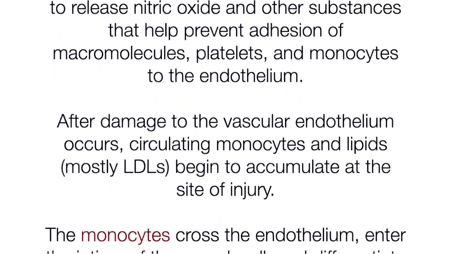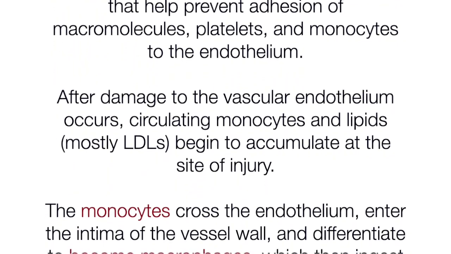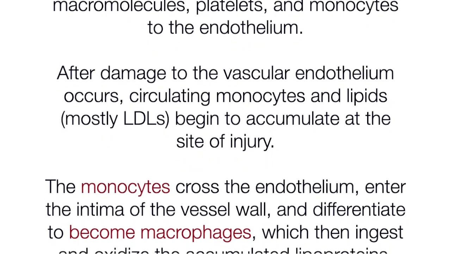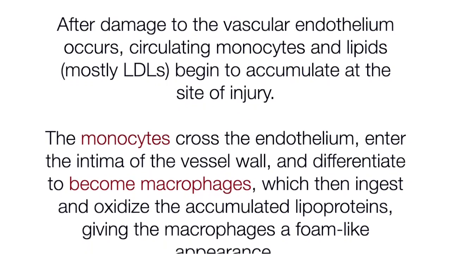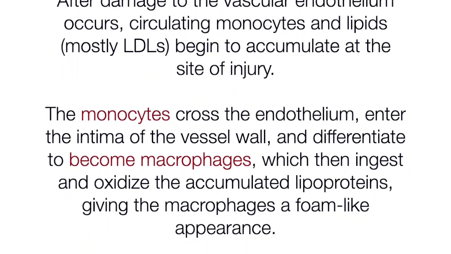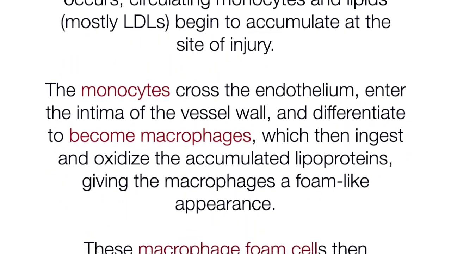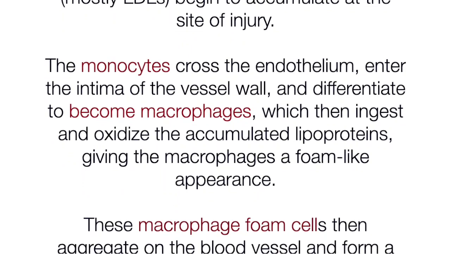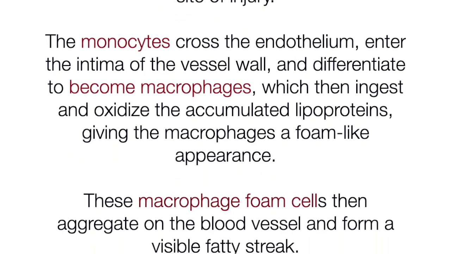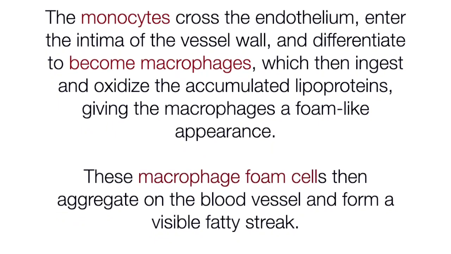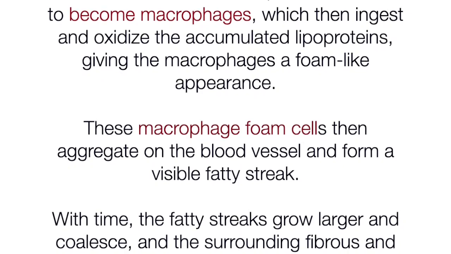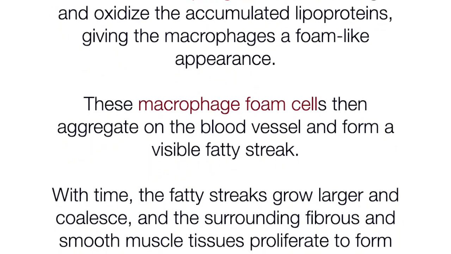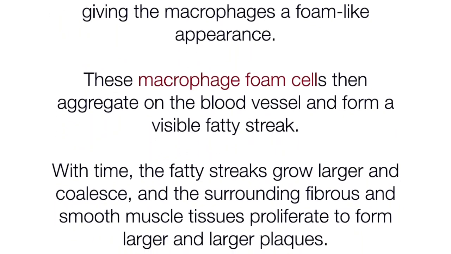After damage to the vascular endothelium occurs, circulating monocytes and lipids, mostly LDLs, begin to accumulate at the site of injury. The monocytes cross the endothelium, enter the intima of the vessel wall, and differentiate to become macrophages, which then ingest and oxidize the accumulated lipoproteins, giving the macrophages a foam-like appearance.